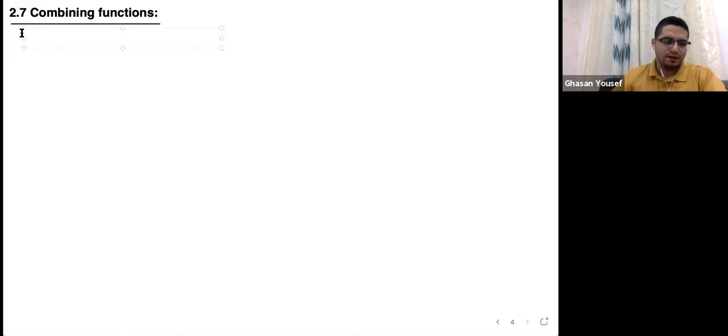So suppose I have a function, let f be a function with domain A, and at the same time let the function g with domain B be the second function, another function.